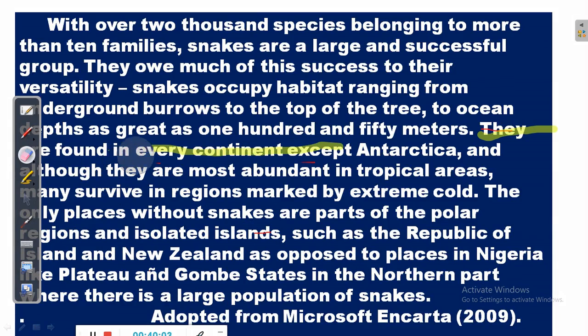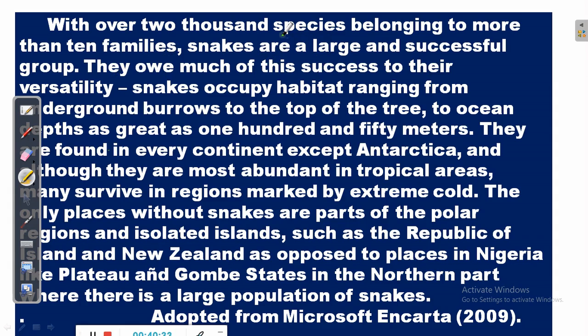Now we can wipe this so that it doesn't really confuse us. Now, with over 2,000 species belonging to more than 10 families, snakes are a large and successful group. See, there's something now that the writer is saying about them. This particular feature makes them successful, very large and successful.